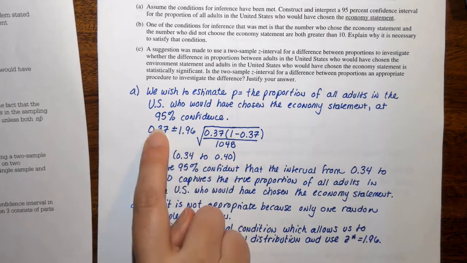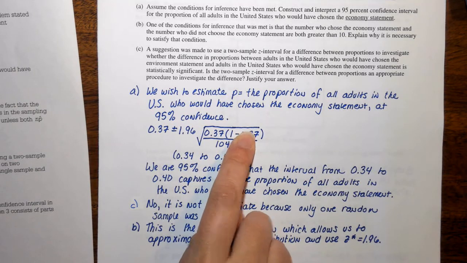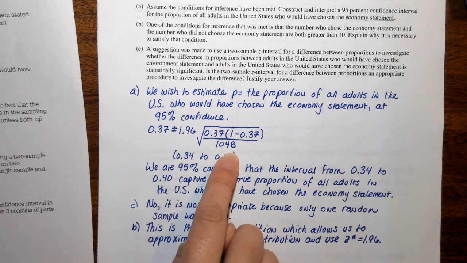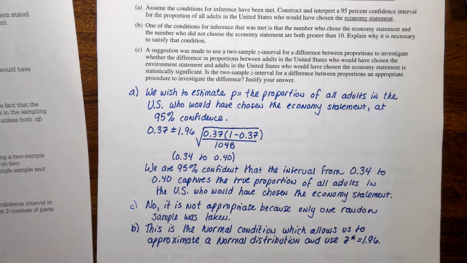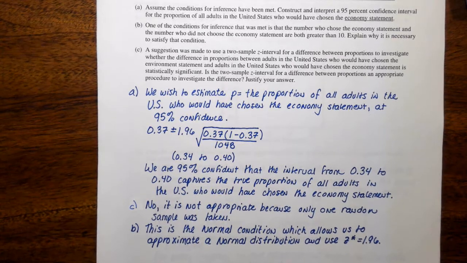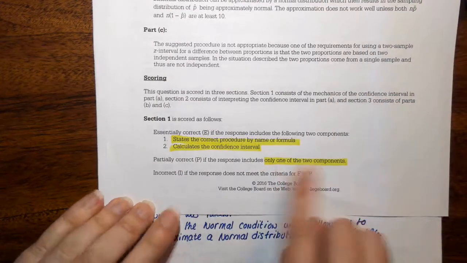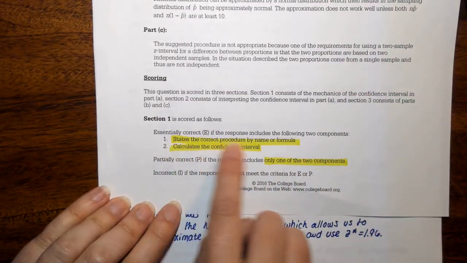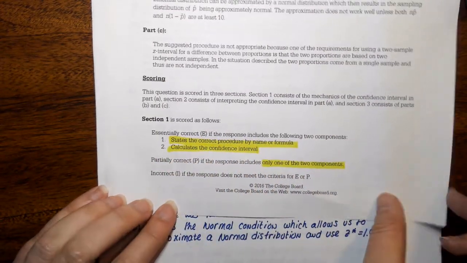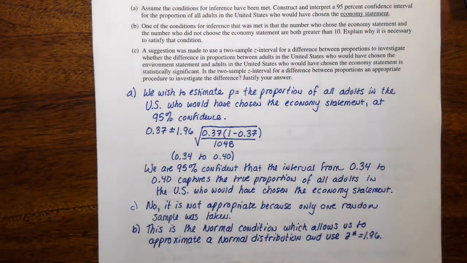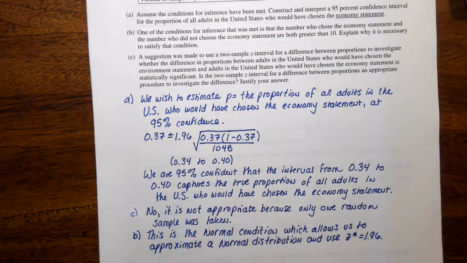Section 1 is I've identified the work for the confidence interval formula and I have made the interval. Okay. P if you have only one of those two. So incorrect procedure, but you have the confidence interval, or you just put the interval with no work. Okay.